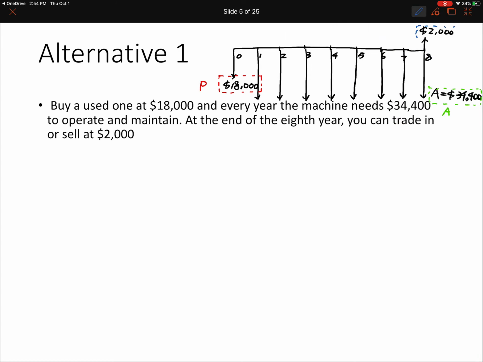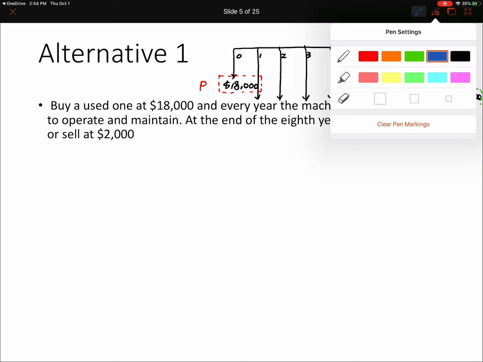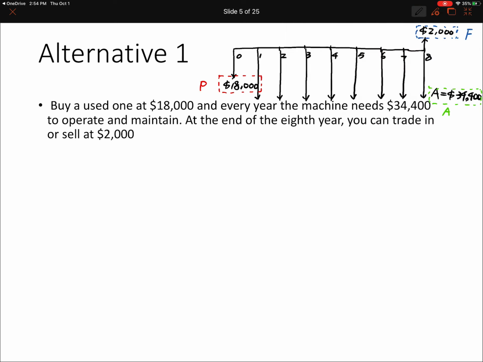And you also have a third type of cash flow, which is a future value, right? Compared to the 0 time, this 2000 is happening in the future time, right? So that's a future value. So you have 3 types of cash flows.